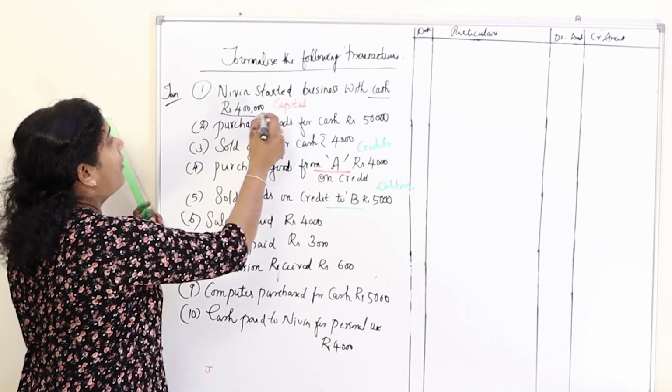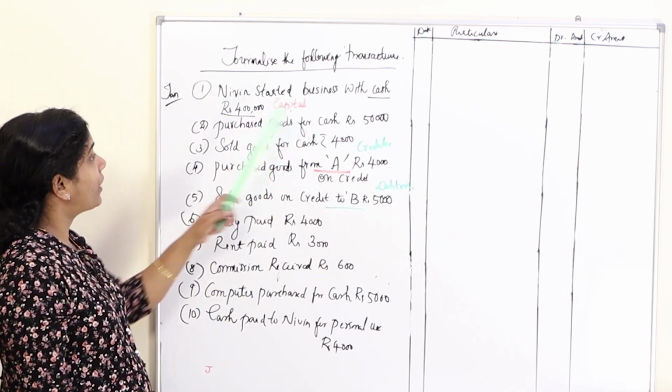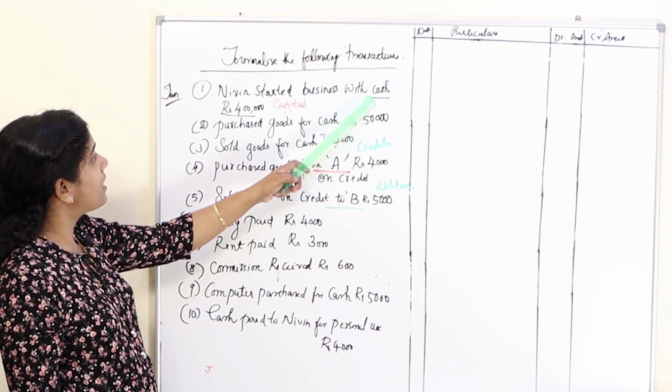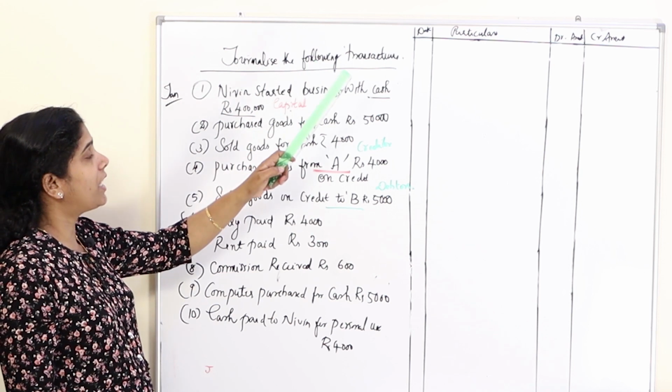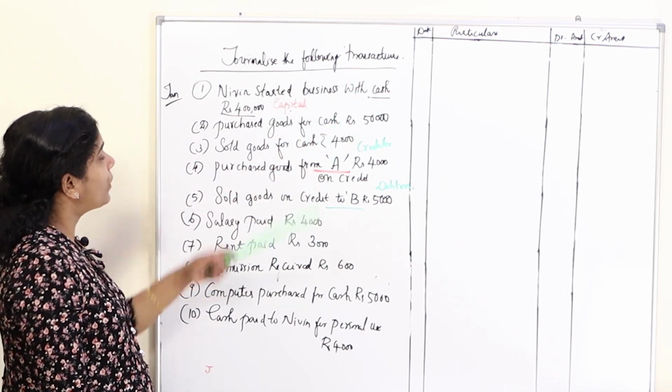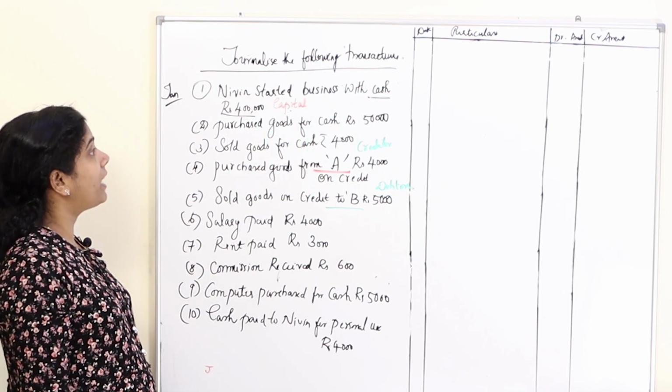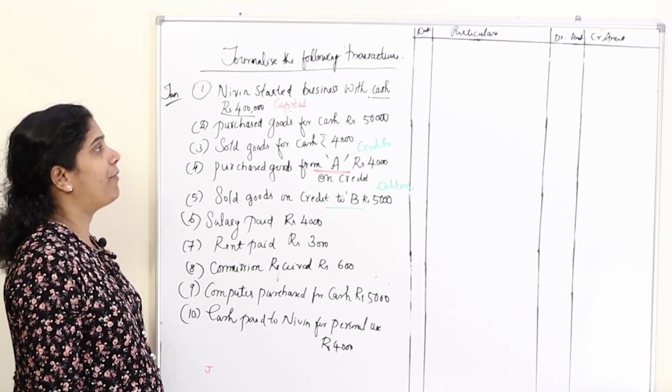Rupees 4 lakh is coming inside the business, so we have to debit it. When cash is coming, we have to debit it. When cash is going out, we have to credit it.